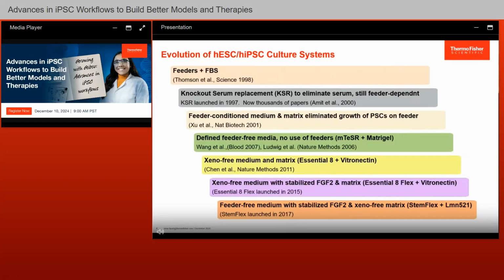More recently, our team at Thermo Fisher developed our StemFlex medium, which is a robust PSC media that was specifically designed for supporting challenging workflows with PSCs, workflows like gene editing, single cell sorting, and clonal expansion as well.